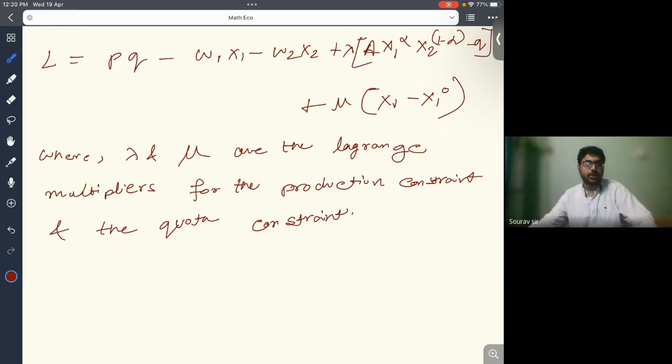Now we have to differentiate, taking the first order condition partially with respect to Q.